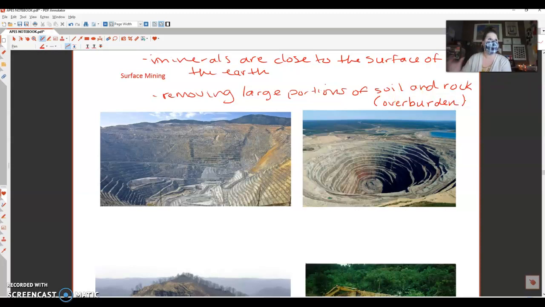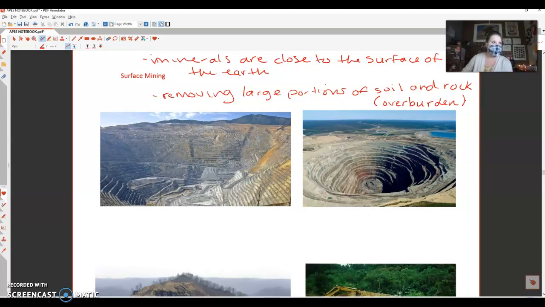Okay, so basically they dig this out, they create a massive waste pile to the side, and then when they're done at this location, by federal law, they have to try to restore the area to as close to its original condition as possible, and that's what reclamation is.